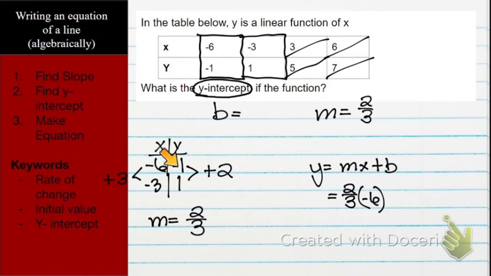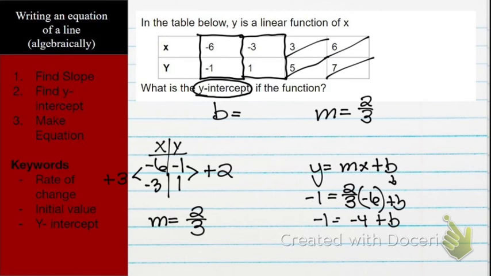The y we have is -1, so under y I'm going to put -1. When I multiply 2/3 times -6, that gives me -4. Don't forget to bring your b down. Then I didn't use -1 yet, so I bring it down.